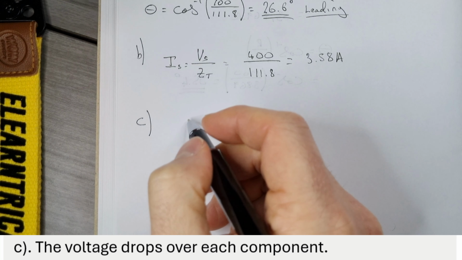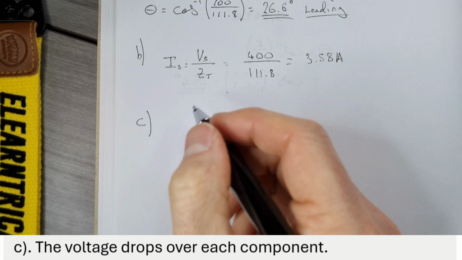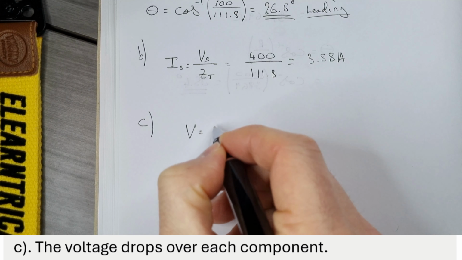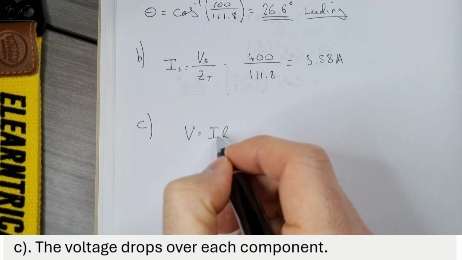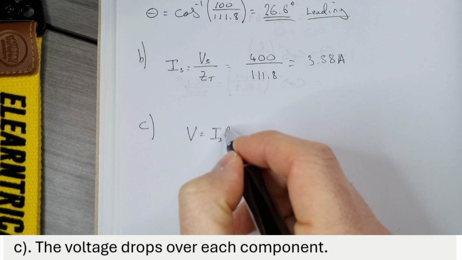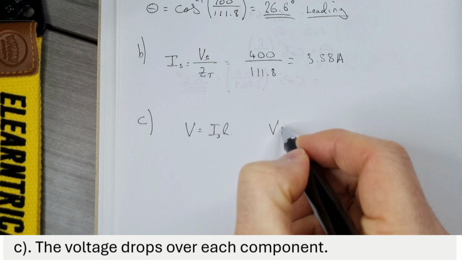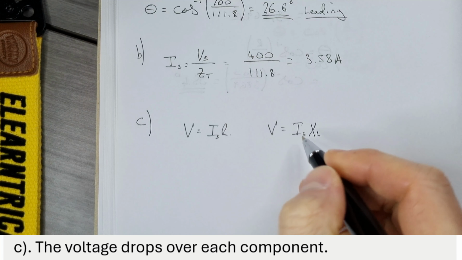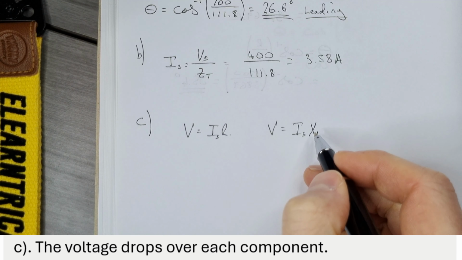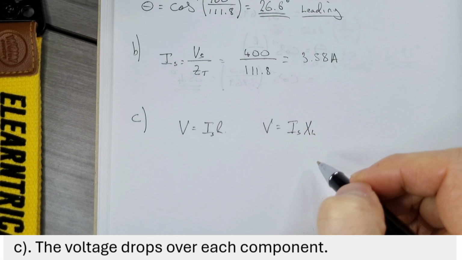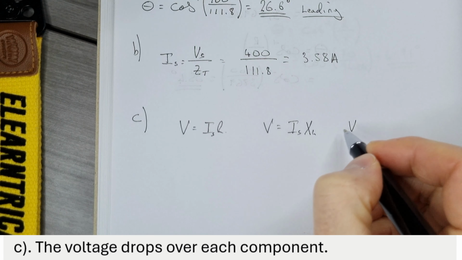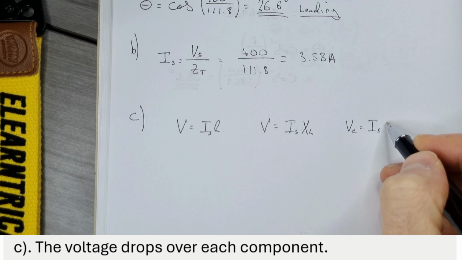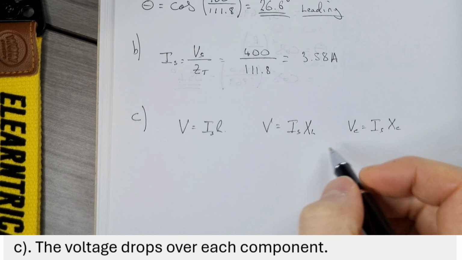Part C, we're asked to determine the voltage drop over each component, and for that we've got three variants of Ohm's law. V equals I R, where we're going to be using the supply current and the circuit resistance. V equals I XL, where we'll be using the inductive reactance, and VC, where we're going to be using IS times XC, the capacitive reactance.